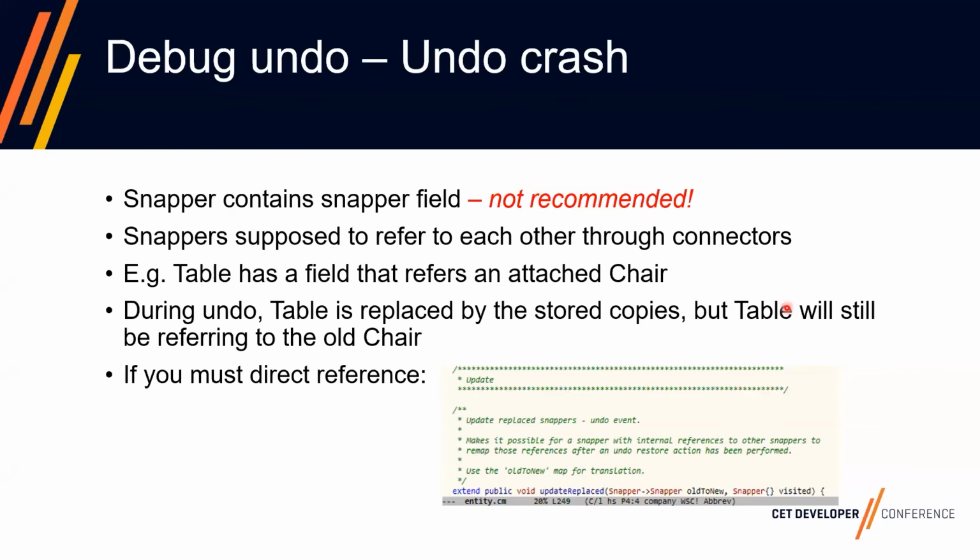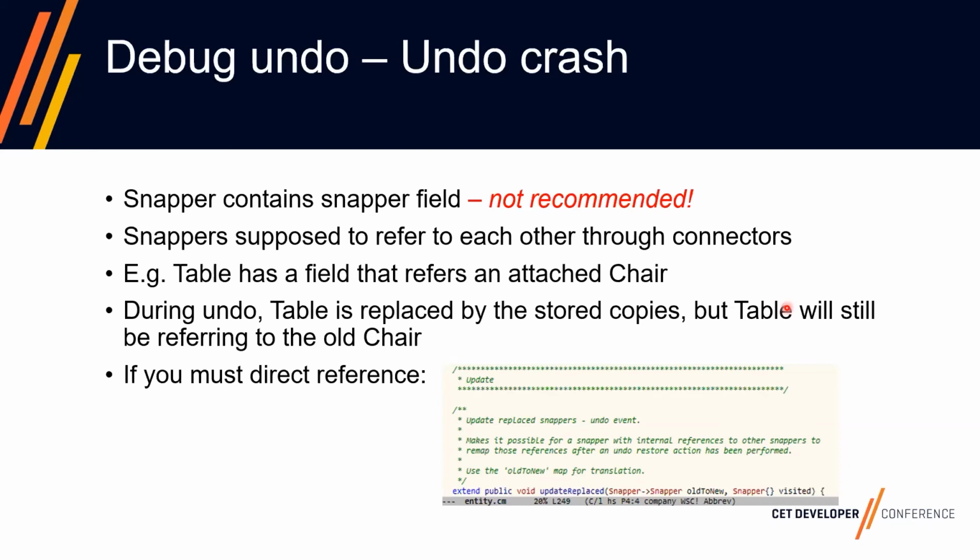The reason is that in the undo system, when you perform an undo, let's say the table is going to change. You record a change for the table, but the chair may no longer be there, or the two snappers may have different states. Let's say the table is alive and the chair is dead, or the chair is dead but the table is alive. Then you have a reference to a dead snapper.